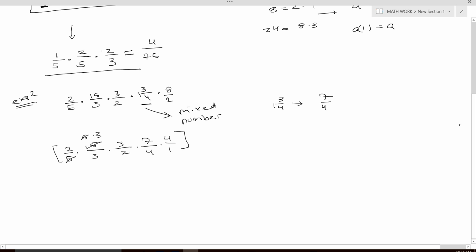I see 2 and 2, why not? I see 3 and 3, ooh, good one right there. Oh look, 4. Since we reduced 8 over 2 here, it became 4 over 1 in this spot. And now that we have 4 present, we can see that 4 reduce, right? So we simplify this entire expression pretty much.